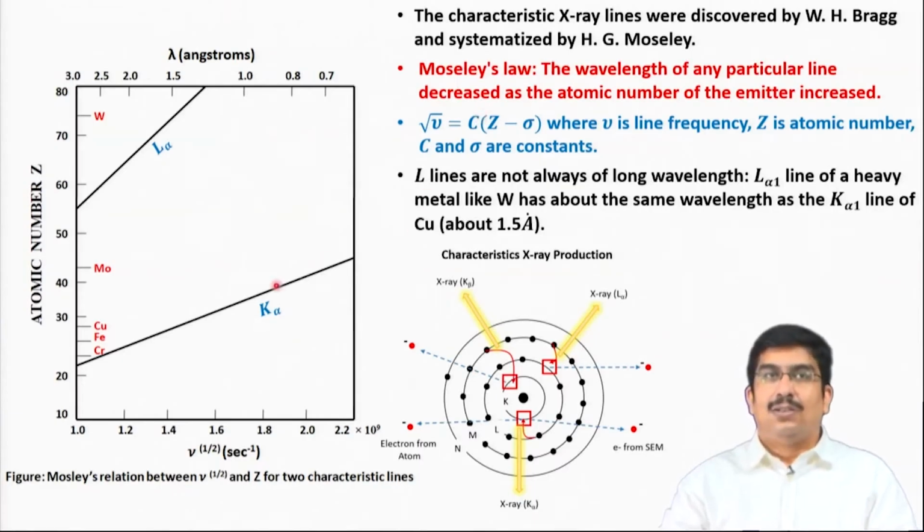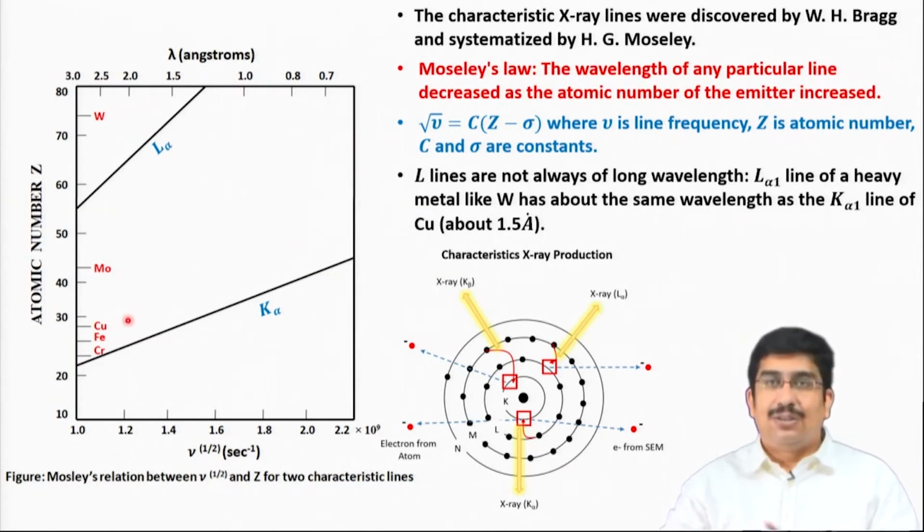This is Moseley's relation which is plotted here. We are plotting the root over frequency versus the atomic number, for different elements, chromium, iron, copper, molybdenum, tungsten and so on, and for two different characteristic radiations, K alpha and L alpha.